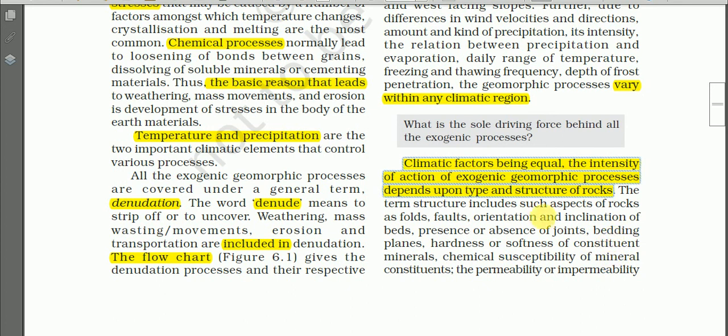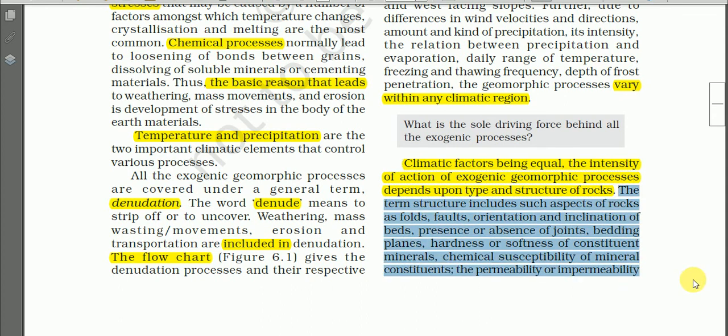Now let us read what is meant by structure. See here, the term structure includes such aspects of rocks as faults, orientation and inclination of beds, presence or absence of joints, bedding planes, hardness or softness of constituent minerals, chemical susceptibility of mineral constituents, and permeability or impermeability.